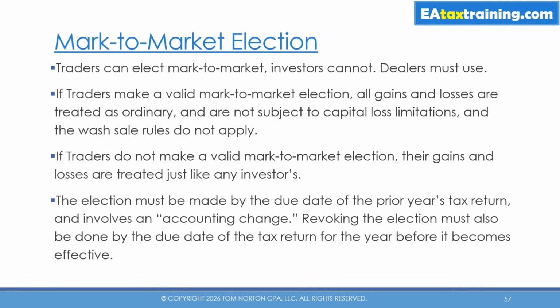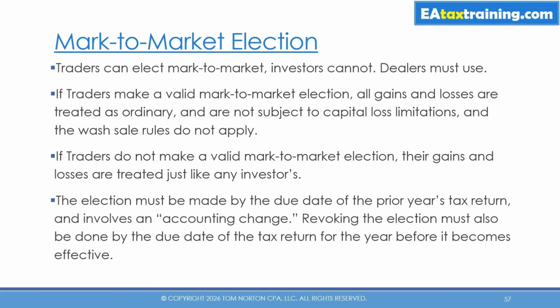Revoking the election must also be done by the due date of the tax return for the year it becomes effective. So once you make this mark-to-market election, you have to keep using it unless and until you revoke that election. And you have to make the election by April 15th because you have to make it by the due date of the prior year's tax return.